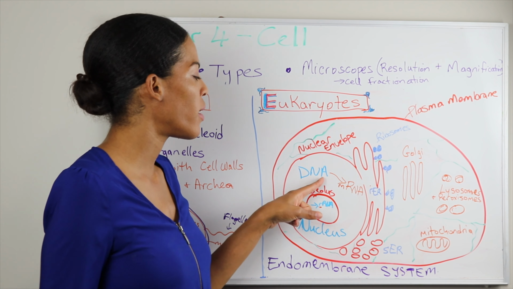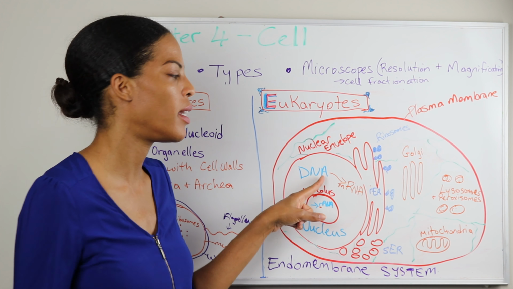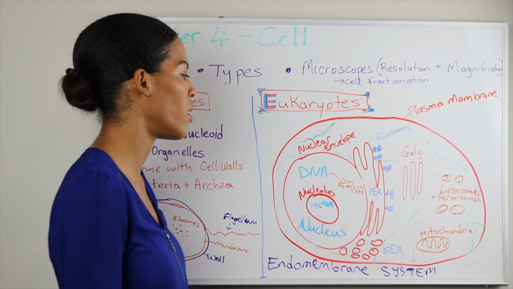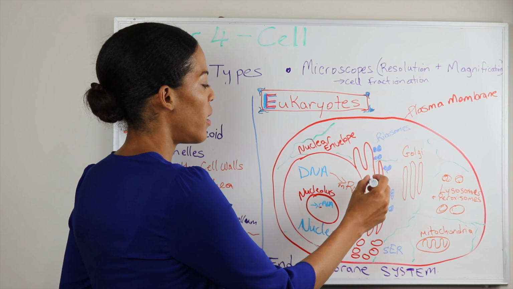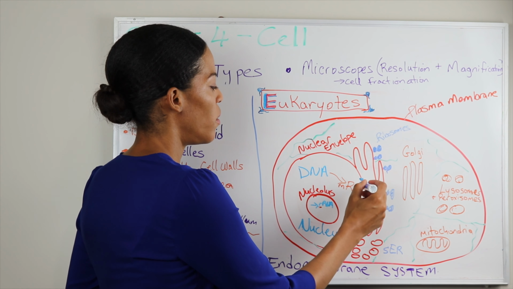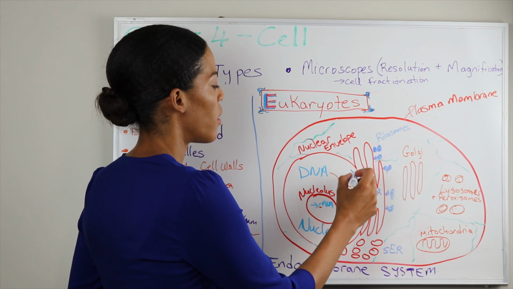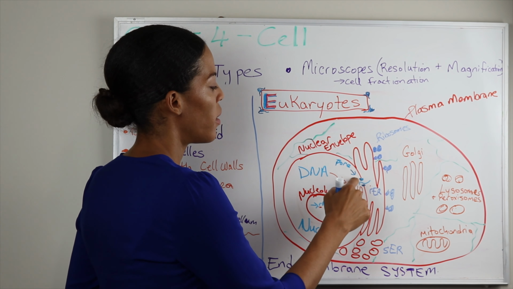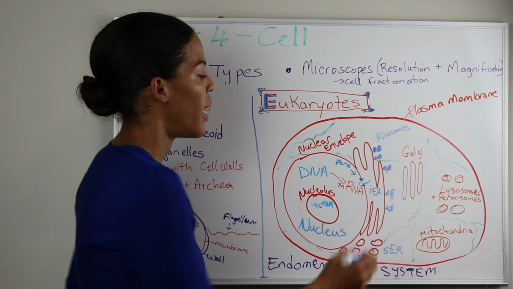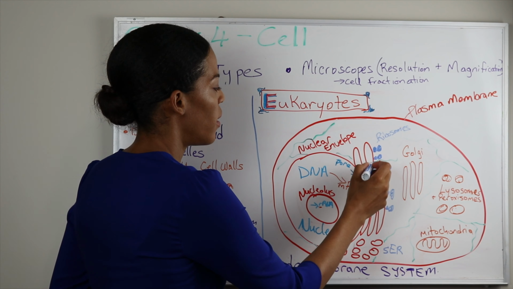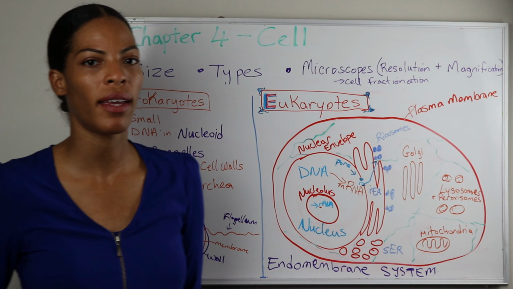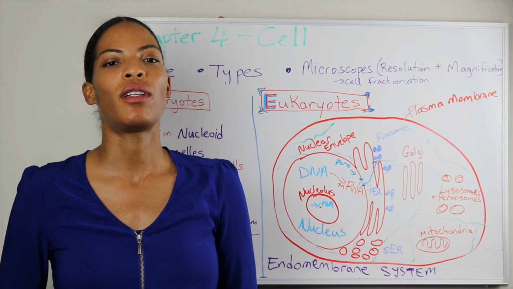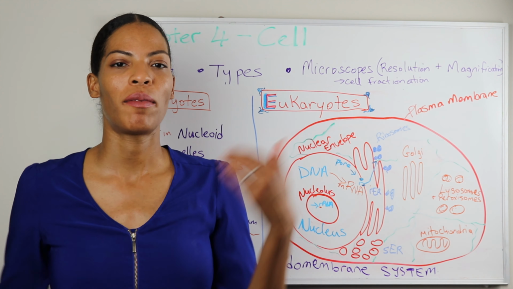So when your cell makes some messenger RNA from DNA, the messenger RNA leaves the nucleus through an opening called the nuclear pore. The nuclear pore is the space here, and it goes out to the ribosomes. When the messenger RNA goes to the ribosomes, what is the role of the ribosome? To make proteins.